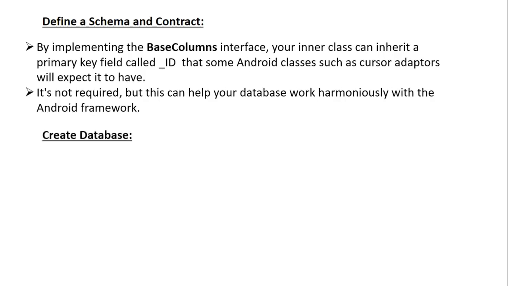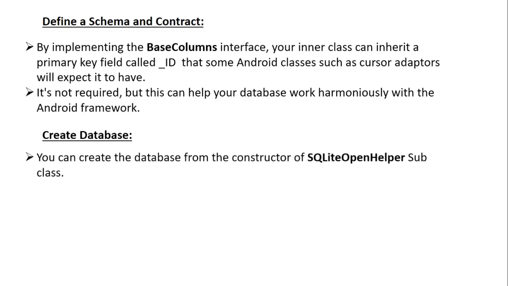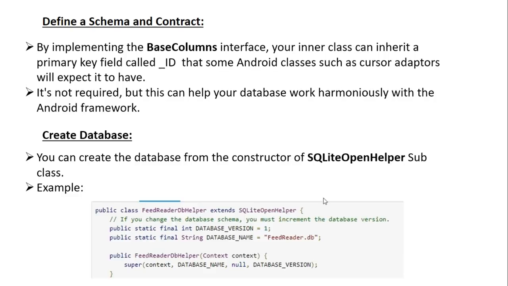Now we can learn how to create the database. You can create the database from the constructor of the SQLiteOpenHelper subclass. Here is a simple example. Here we create a class called FeedReaderDB that is a subclass of SQLiteOpenHelper.